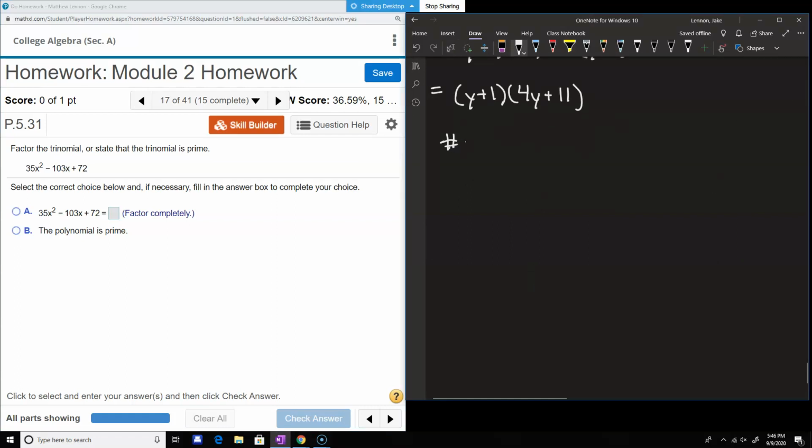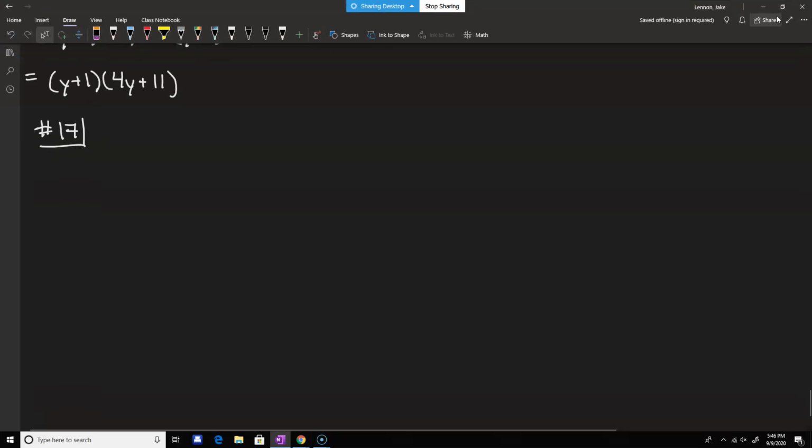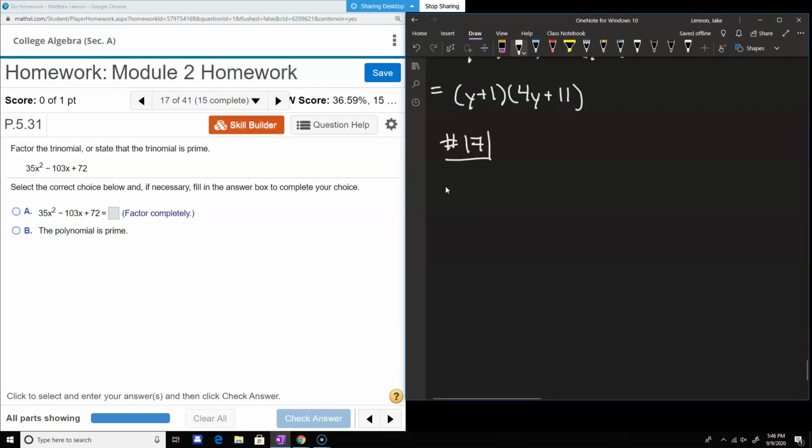So let's see. On one where the numbers are large, you may want to just use a calculator. But let's see. The same process will work. I should probably write down the problem first. So we have 35x squared minus 103x plus 72.